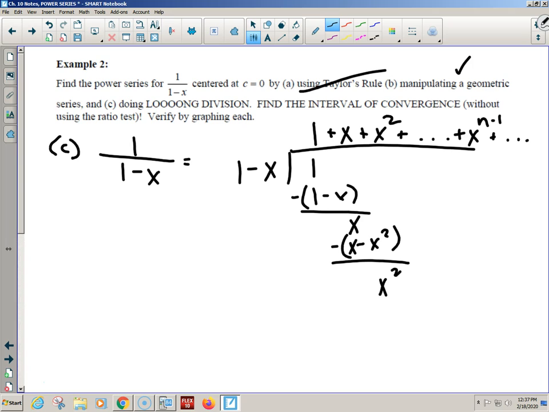The interval of convergence without the ratio test. You can do an interval of convergence with the ratio test? We haven't learned that yet. But the ratio test does have a certain interval. Well, I shouldn't. We'll get there. Right now, crossing out what we can't do yet. We haven't learned Taylor's rule yet. But that long division thing. Kind of nifty.